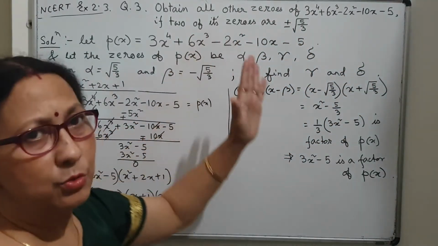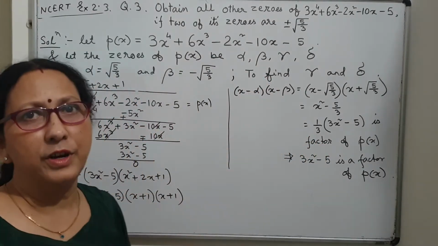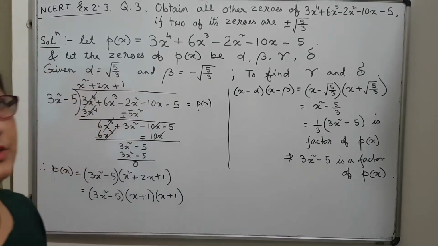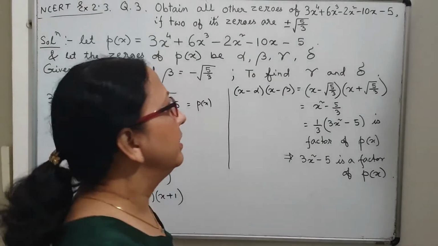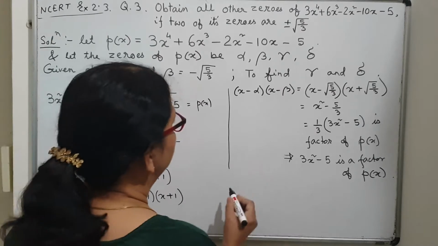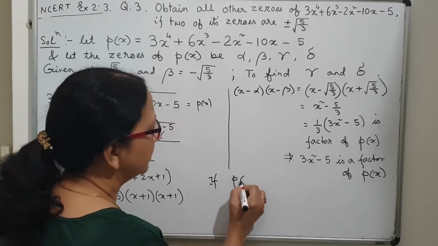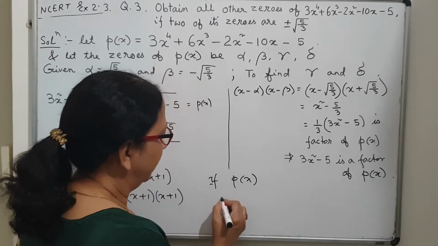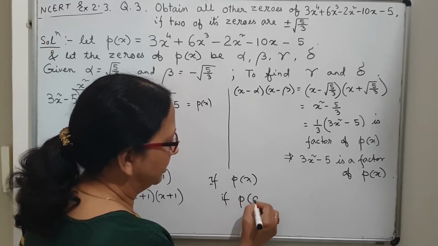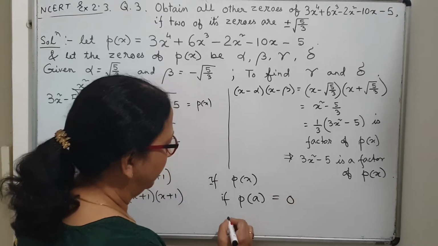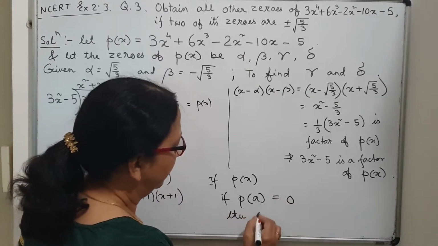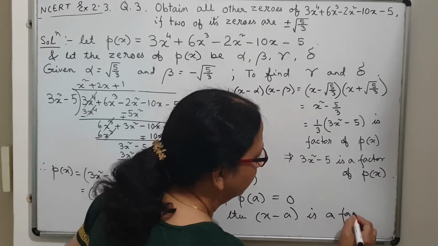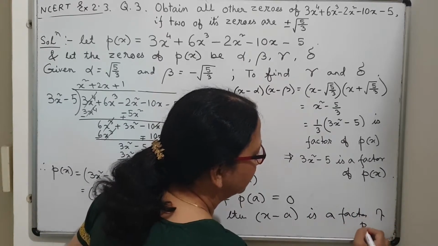Now I can solve in two different ways. I told you. The first method that I'll adopt will be using the factor theorem. So factor theorem, as you recall, is: if p(x) is a polynomial and if p(a) is 0, then x minus a is a factor of p(x).